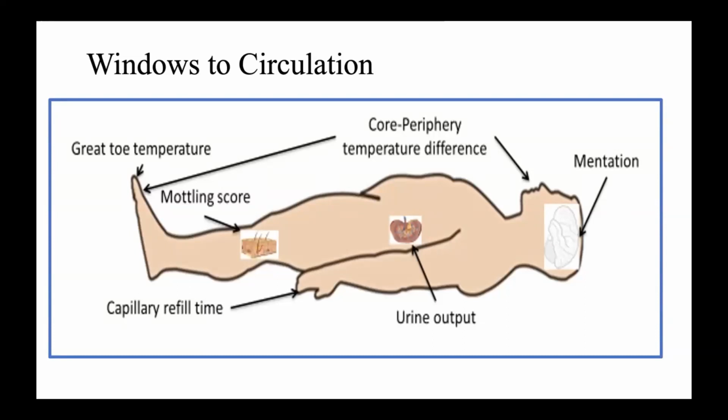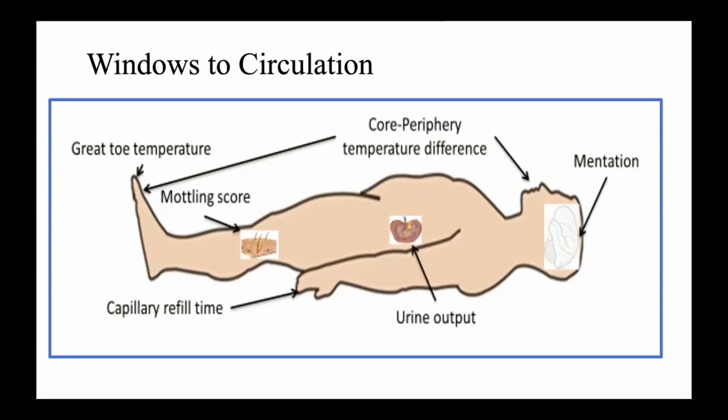Then a difference in the core and peripheral temperature again suggests a drop in the volume status of the patient. And as you infuse fluid in these patients and the circulation improves, this gradient should decrease. You can just look at the gradient of temperature and whether it warms up after infusion.